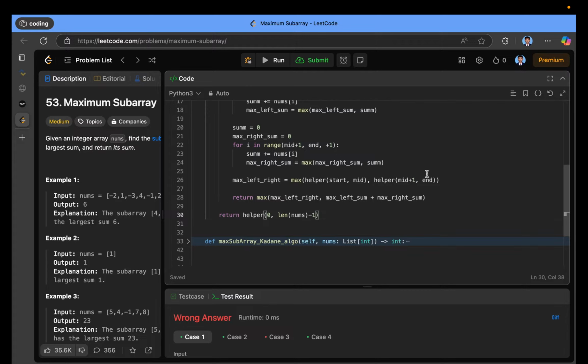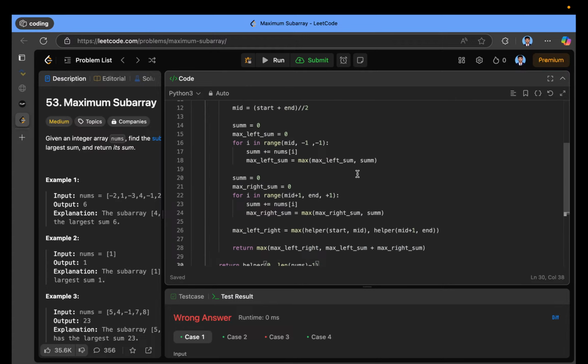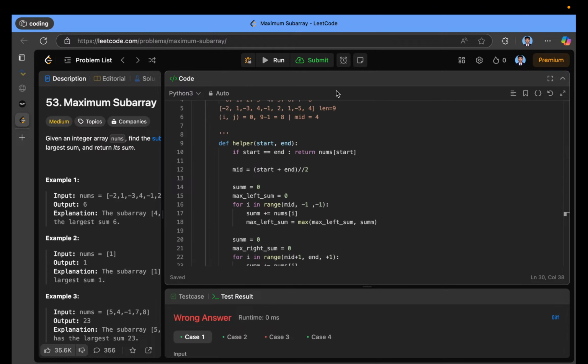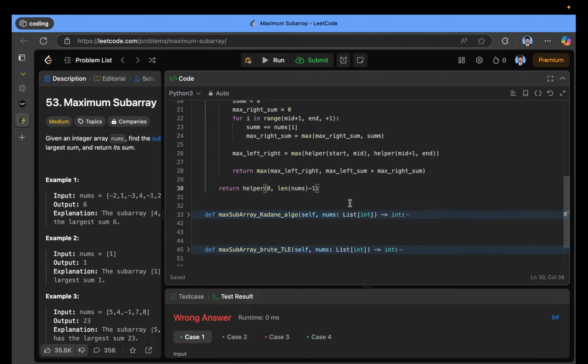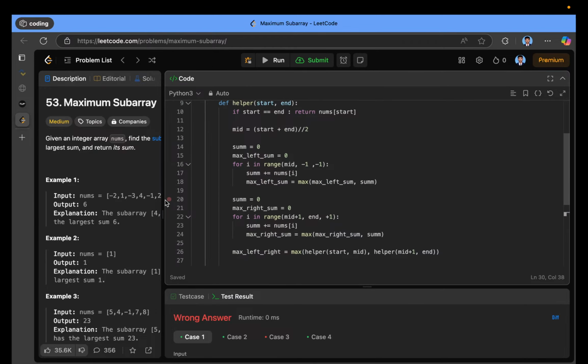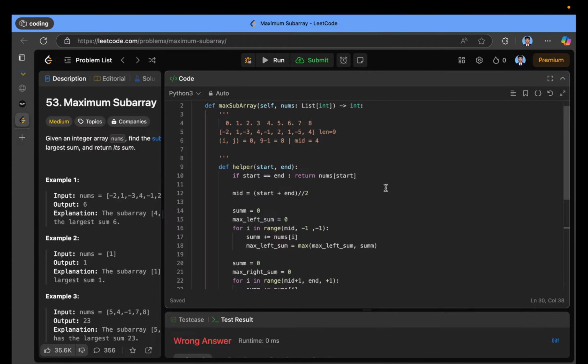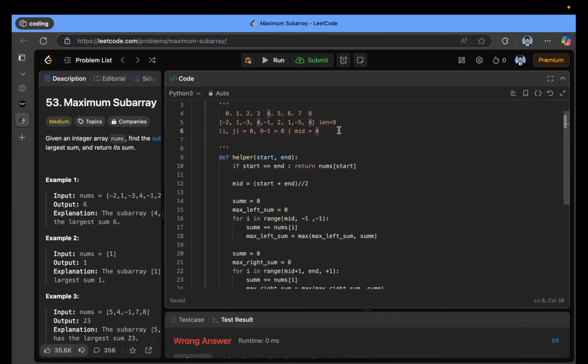Now I have to do a dry run, I think, because something is not right here. To dry run this code, oh bro, challenging for me. Okay, let's go with i, j, 0, 1, mid is 4.